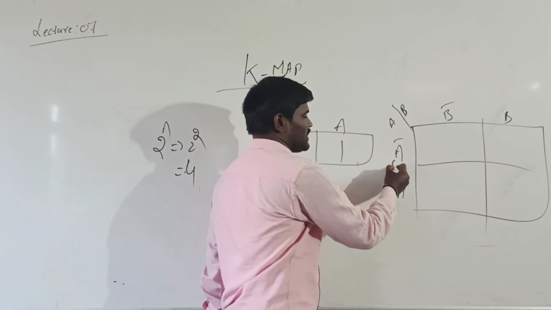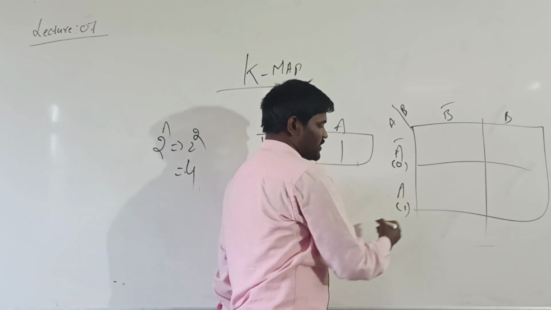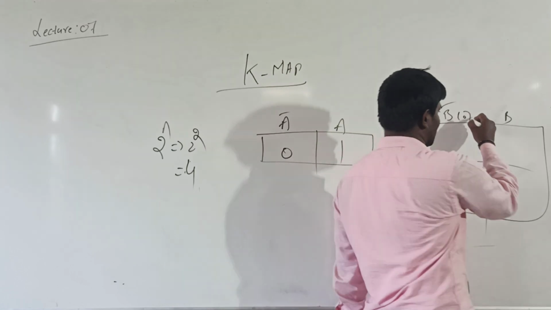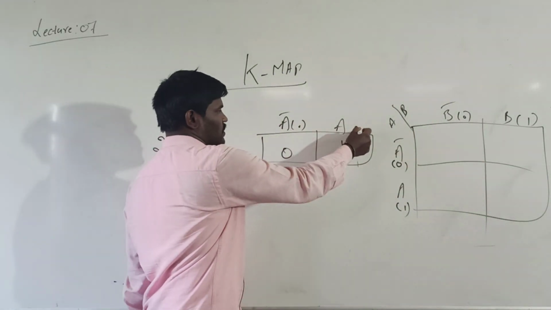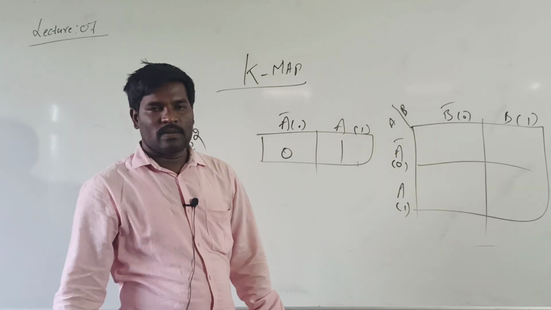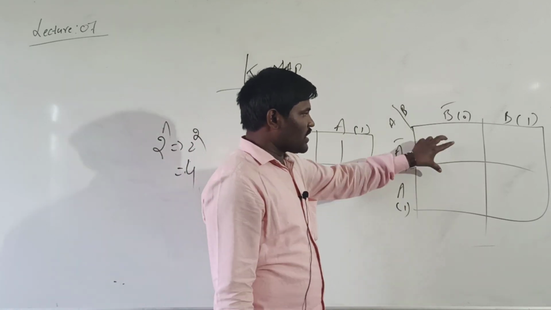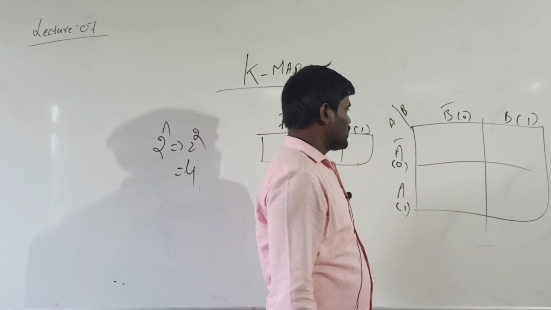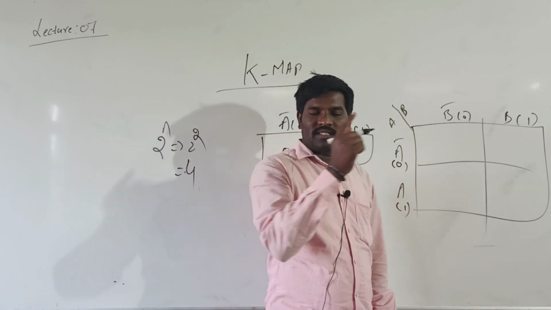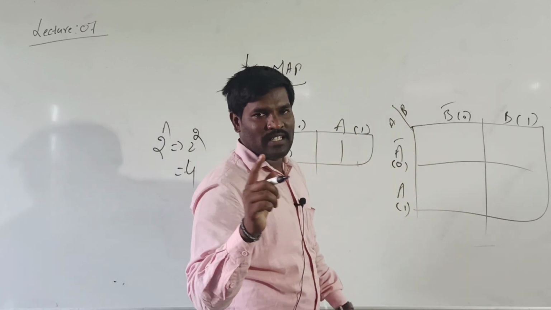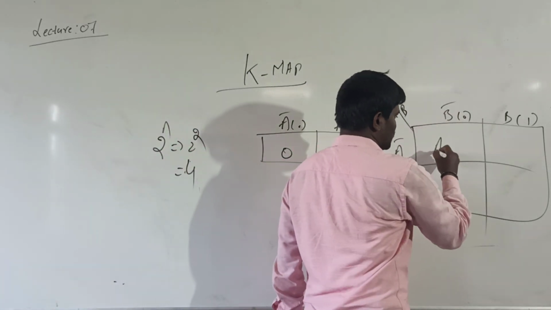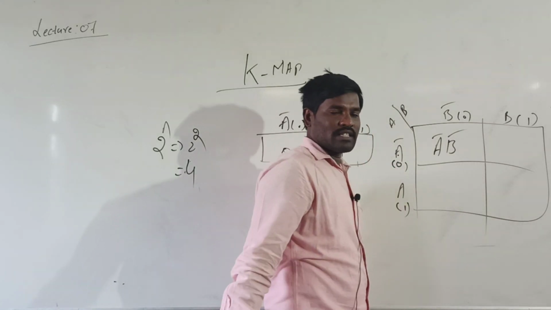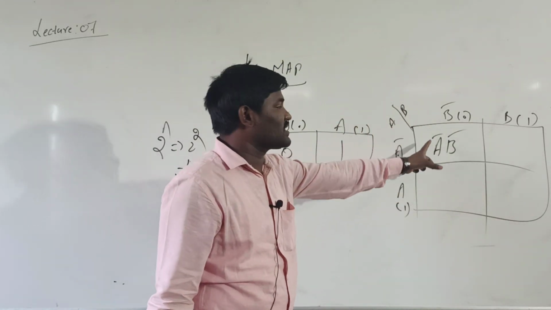Because A bar indicates 0, A indicates 1. Here also B bar indicates 0, B indicates 1. See here, there are 4 boxes. Again, one square box indicates either a min term or max term value. The value of the first square is A bar, B bar.